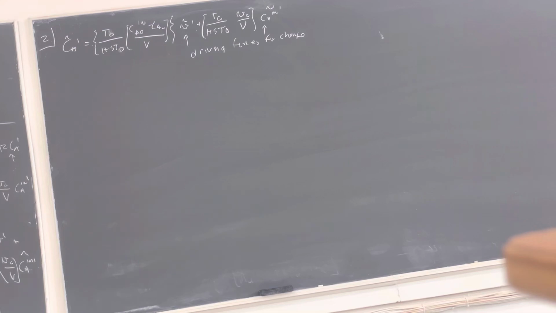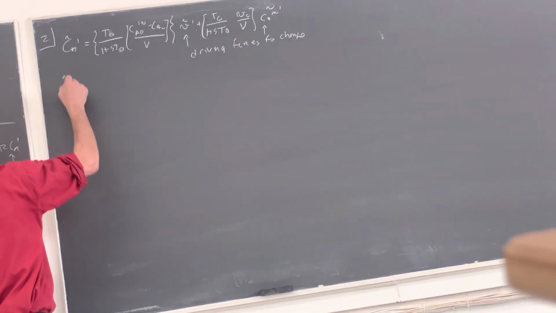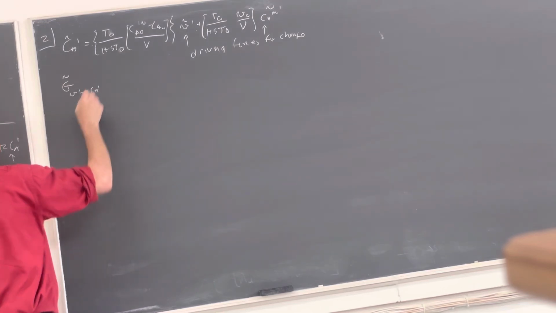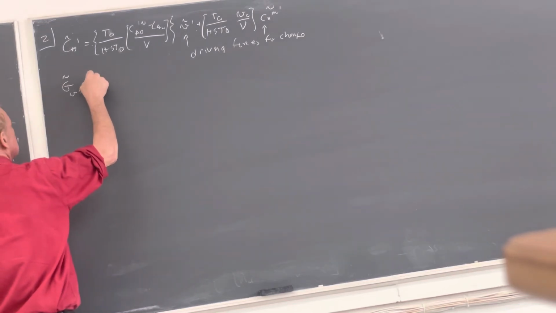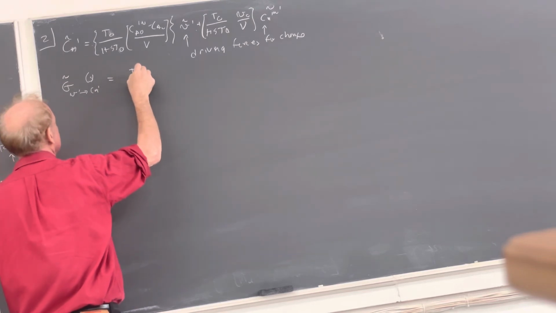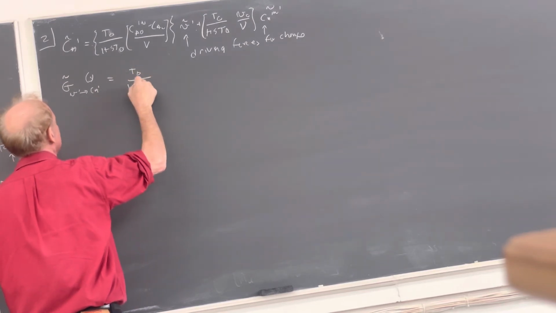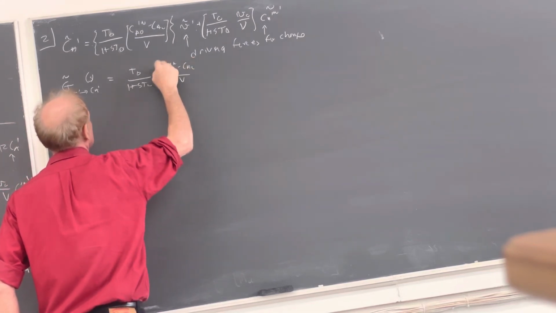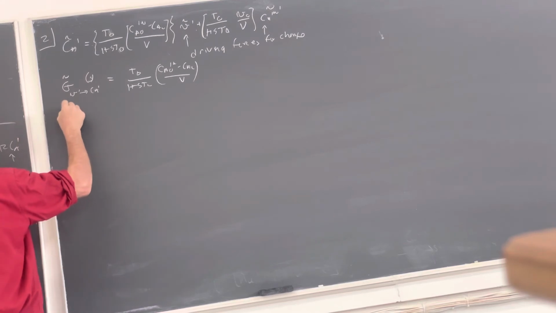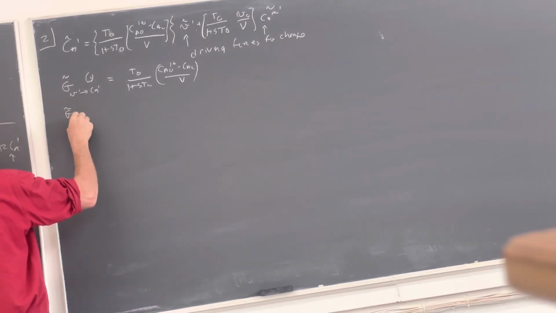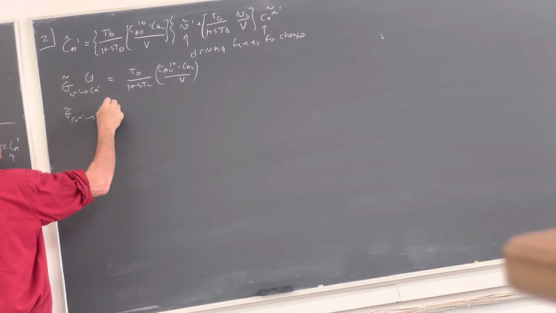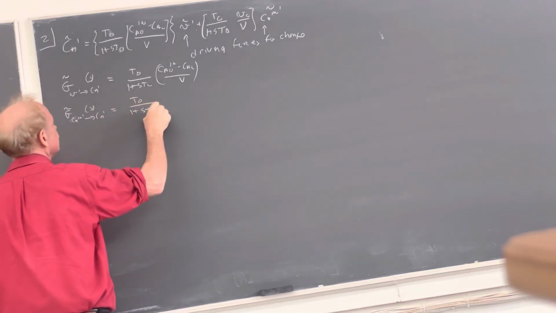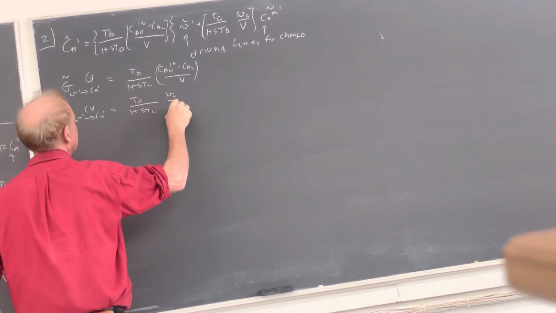So here I have two G tildes. I've got a G tilde which tells me how V prime affects CA, and that's just equal to tau0 over 1 plus s tau0, times (CA0 in minus CA0) over V. And I also have a G tilde of how CA in prime affects CA prime, and that's just equal to tau0 over 1 plus s tau0 times little v0 over V.